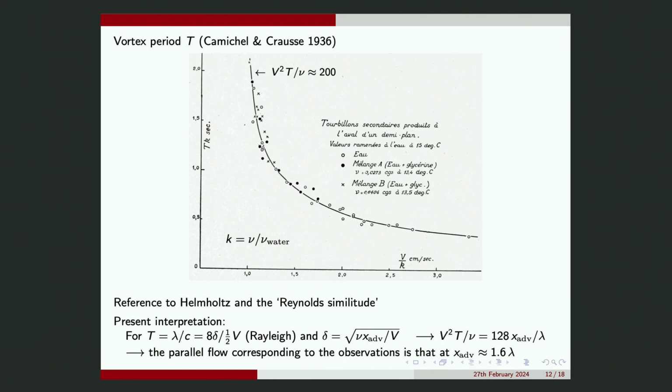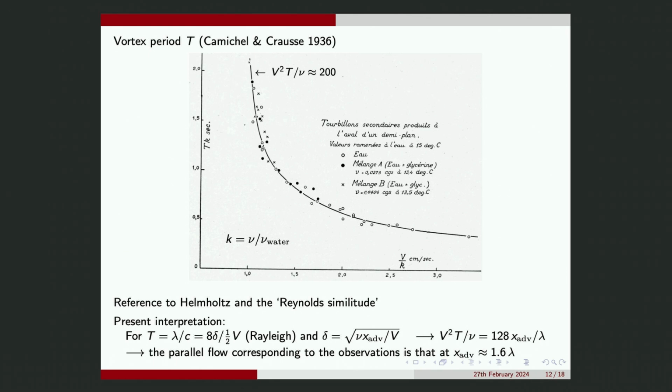So if we try now to do the interpretation of these results, we can say that the wave period is equal to lambda over c, taking for lambda the most amplified wavelength from the calculation of Rayleigh, which is 8 times the thickness delta of the boundary layer, of the vorticity layer, divided by the wave velocity, which is half of the fluid velocity.